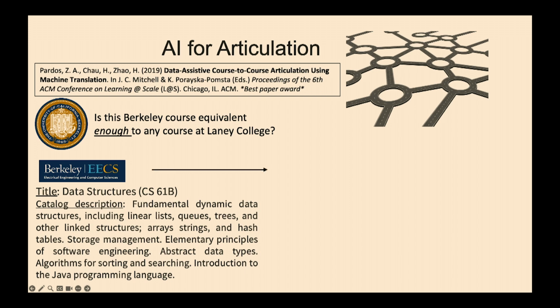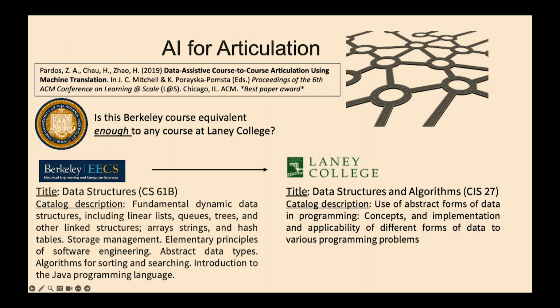Is this catalog description of a course at Berkeley equivalent, or how similar is it, to this catalog description at Laney Community College? Now, relying only on catalog descriptions has its problems, because many instructors have very short catalog descriptions that maybe have gone out of date. Maybe they were never very verbose to begin with. So basing that match just on catalog description could be problematic.